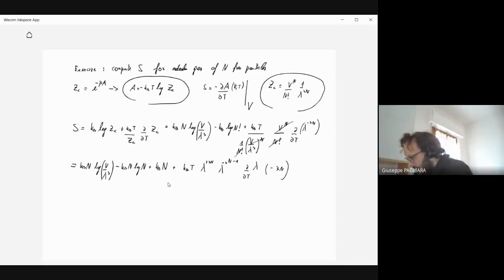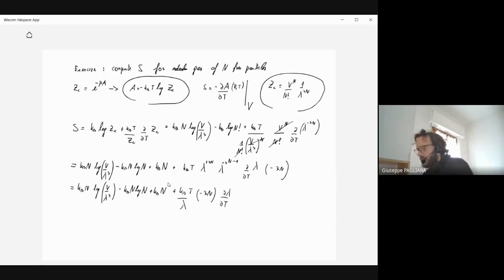Okay, let me check if the calculations are right. kBT, then I have a minus 3n, then I have lambda 3n and lambda. Okay, good, that's okay. kBn log of V divided by lambda cubed minus kBn log of n plus kBn plus kBT divided by lambda, and then I have a minus 3n and derivative of lambda with respect to temperature.